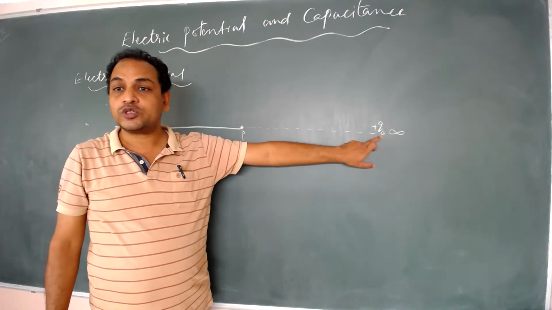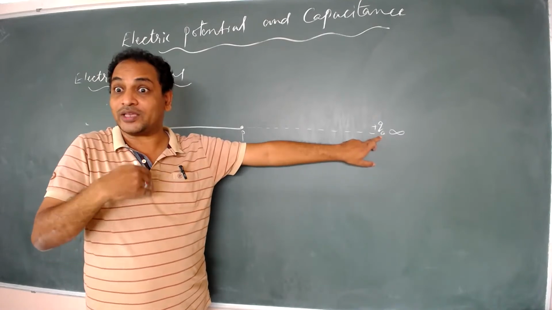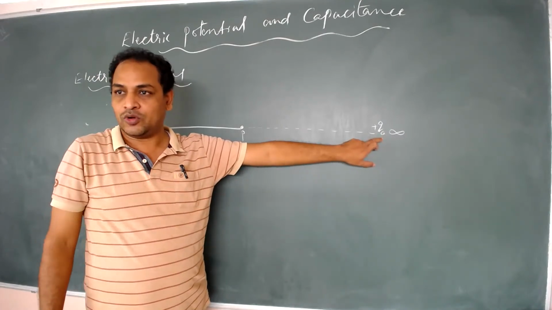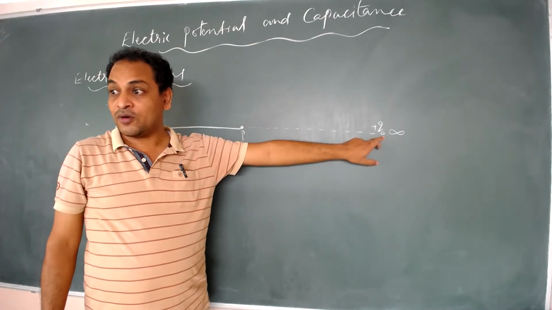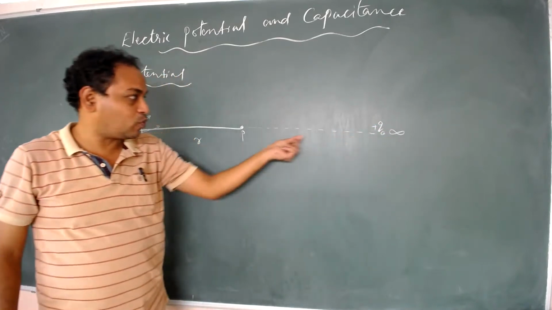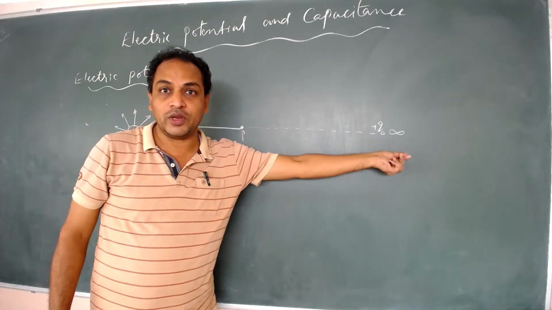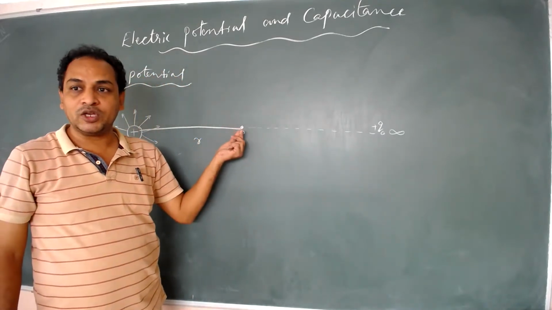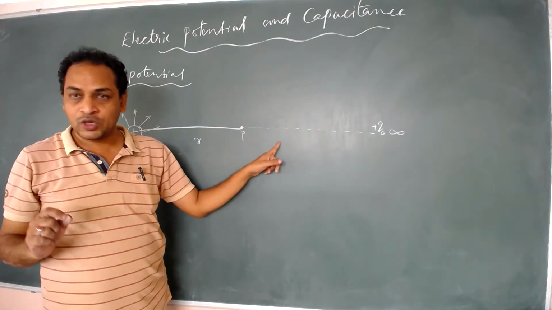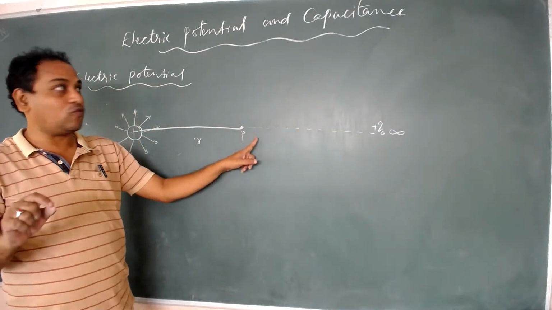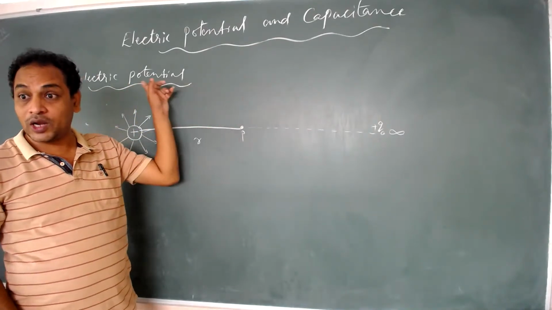It does not exert much force on any other charge. I bring this unit positive test charge from infinity to the point P. For this I have to do some work. This work will be stored in the form of electric potential. This work itself is called electric potential.